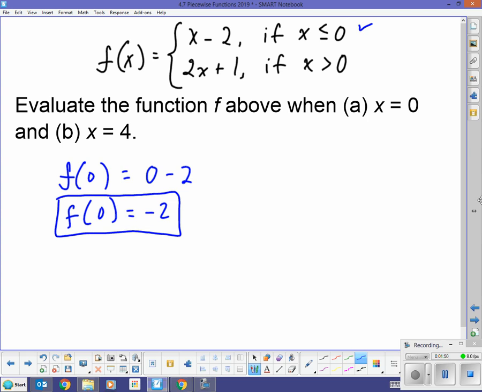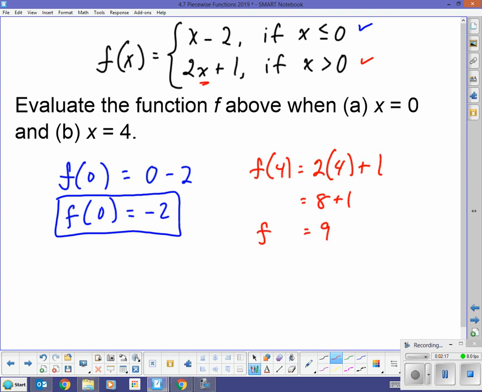The second one, x equals 4. That would fall into the second category, x being greater than 0. So f of 4 equals 2 times 4 plus 1. I'm substituting into this over here. So that would be 8 plus 1, which is 9.